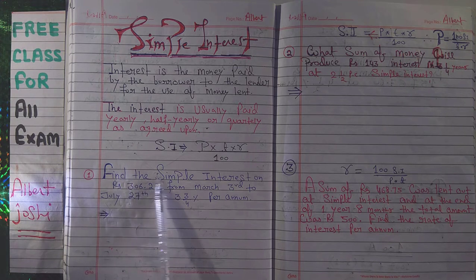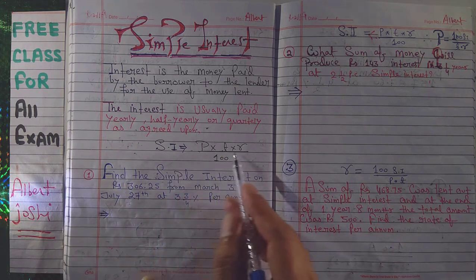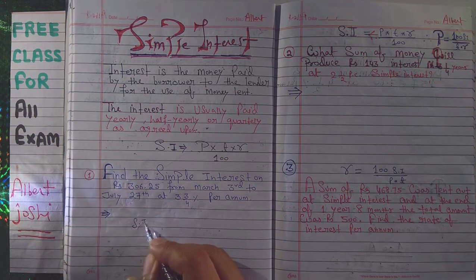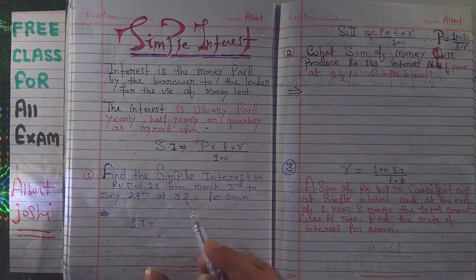The question is, find the simple interest on rupees 306.25 from March 3rd to July 27th at 3/4% per annum. So you have to use this formula. Your simple interest will be P into T into R upon 100.